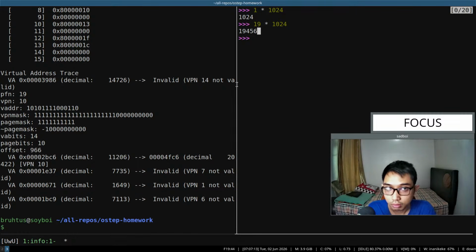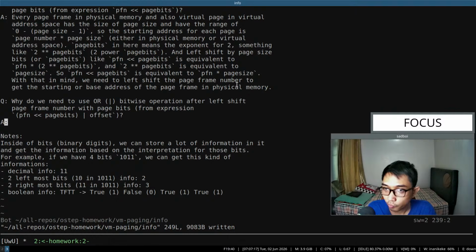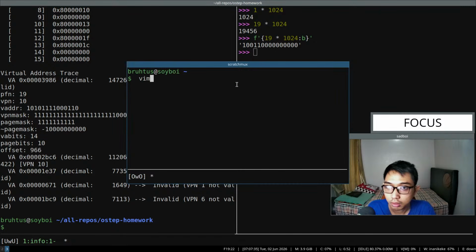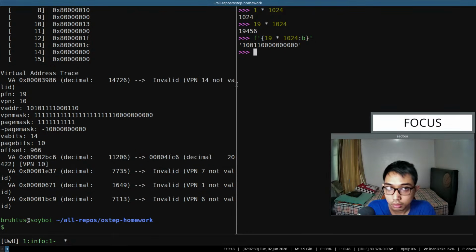Okay, we have this one. You get the binary. Can I do this? Okay, looks like I can. 15, okay.